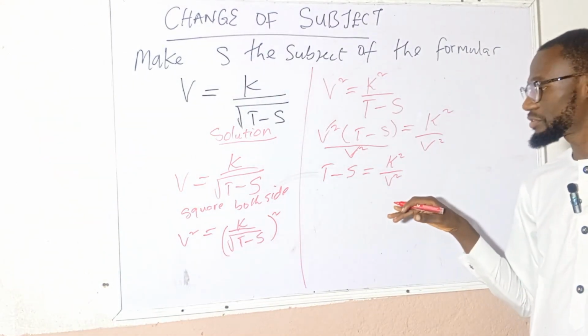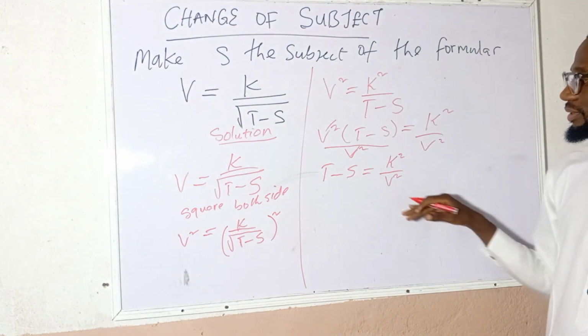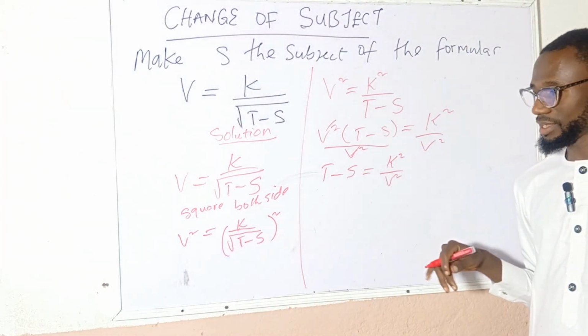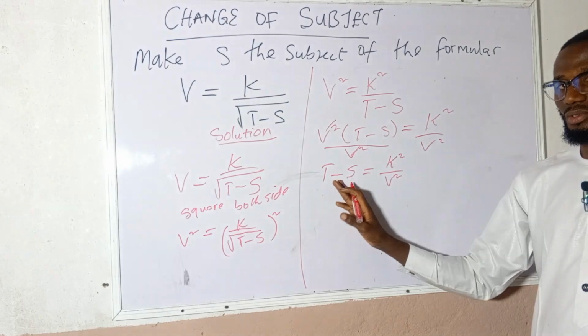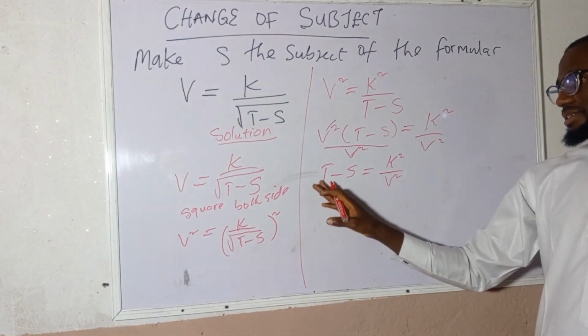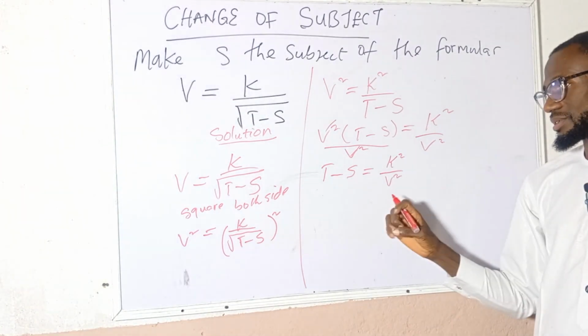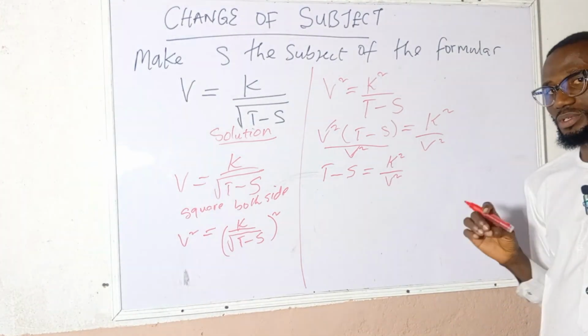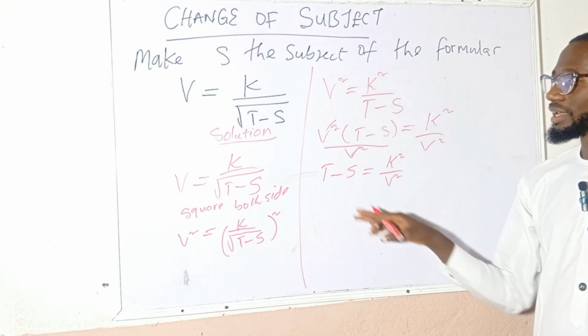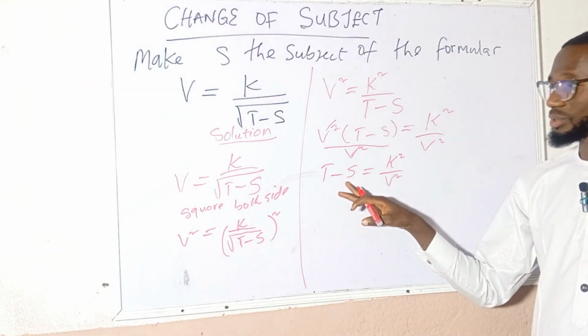Then in the next step, we are going to take t to the right hand side, and there is a logical way for you to take t. If you look, the t here is positive. If you take it to this side, it will be negative, and the s is negative also.